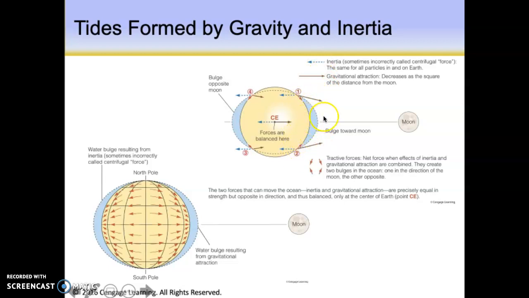And you can see that's our kind of more detailed explanation of our two bulges. But again, gravity bulge on the moon side, inertia bulge on the side opposite of the moon, two crests, two high tides, and then the troughs in between are low tide.